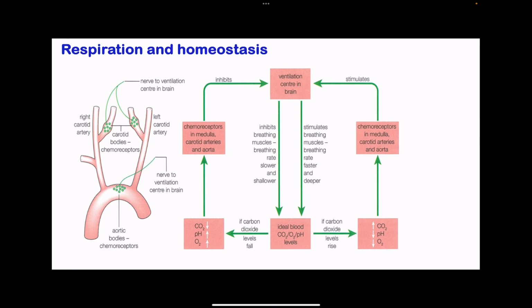This is the summary about respiration and homeostasis. Once exercise begins, the brain cortex is going to consciously recognize the beginning of movement, and it's going to send impulses to the ventilation center in the medulla. Also, changes in pH due to carbon dioxide and oxygen variation are going to be detected by chemoreceptors in the aortic bodies and the carotid bodies.